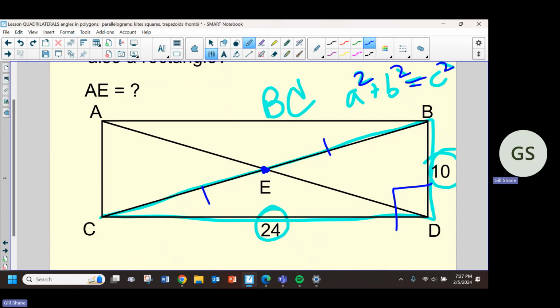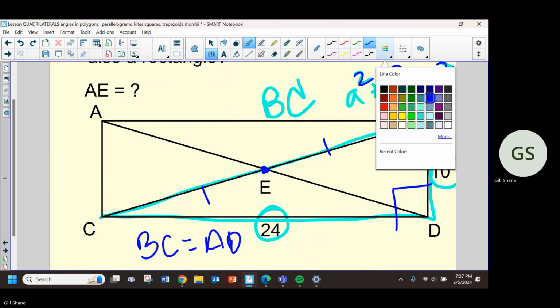Well, wait a minute. We just said for a rectangle, BC would equal AD, because one of the principles of a rectangle is that the diagonals are congruent. So whatever I get for BC, AD would be the same length.